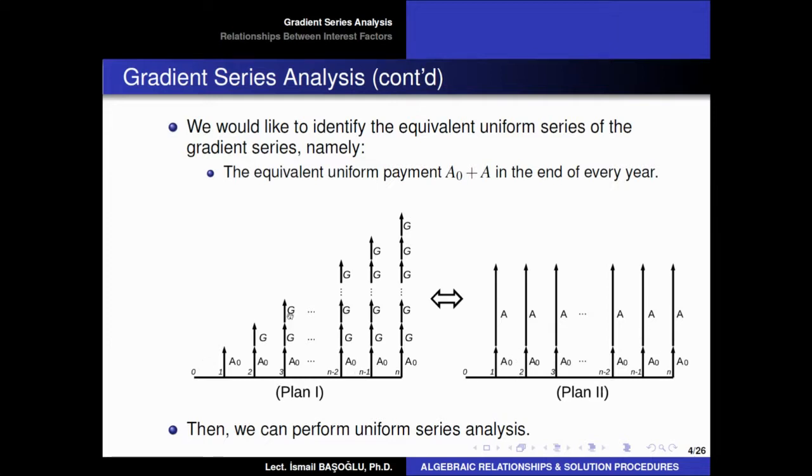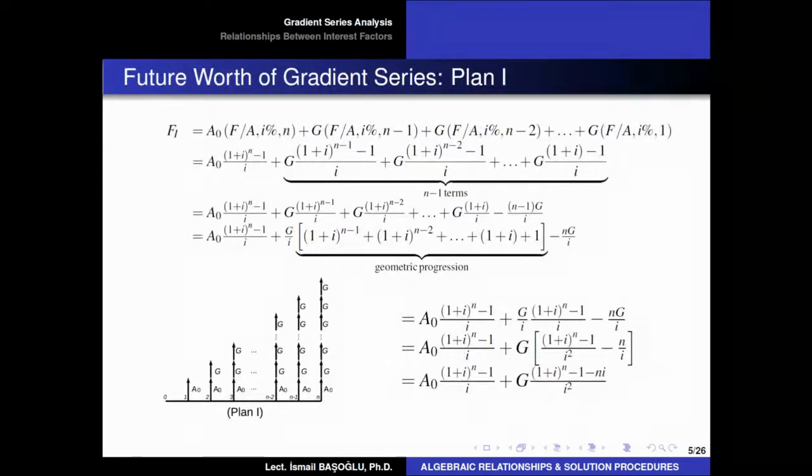Okay. So how am I going to convert this G value to A value if I would like to change my gradient series to a uniform series? That is the question. To do that, I'm just going to calculate the future value of the first plan. So how am I going to calculate the future value?